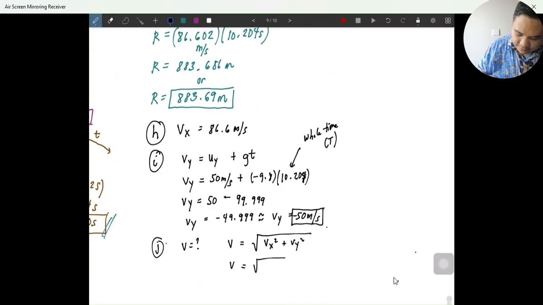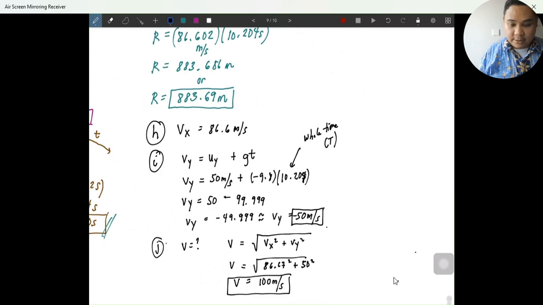And if you apply for that, that would be Vx first, 86.67 square plus 50 square. So V, that would be equivalent to almost 100 meters per second. Okay, so notice that still we have the same magnitude for the velocity.